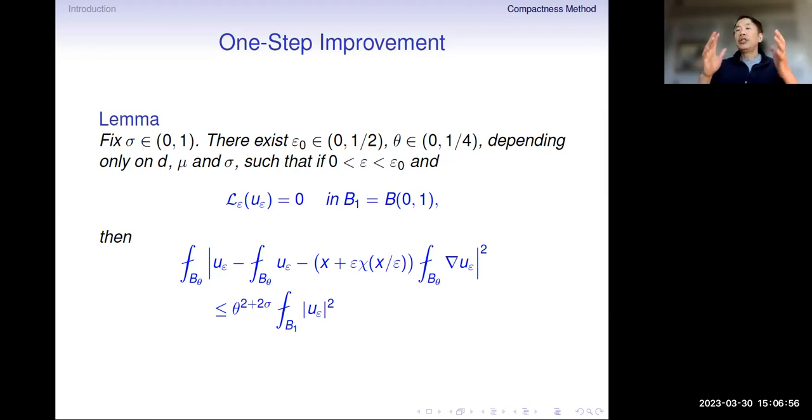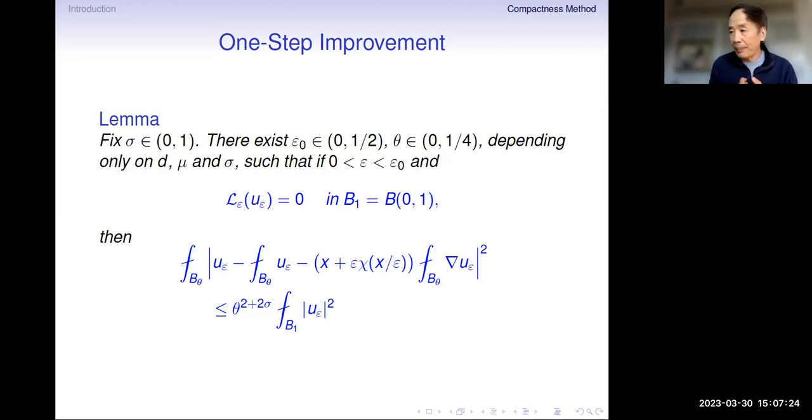And then you iterate to repeat this gain, eventually reaching down to the small scale epsilon. If this is the first time you see this, the setup may be a little complicated, but it takes a while to appreciate this.